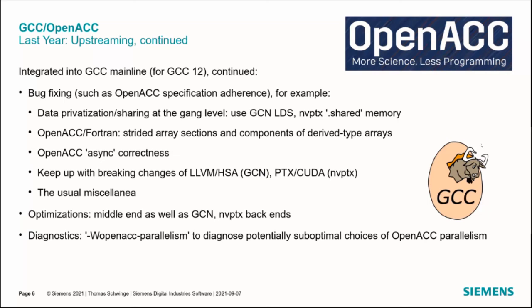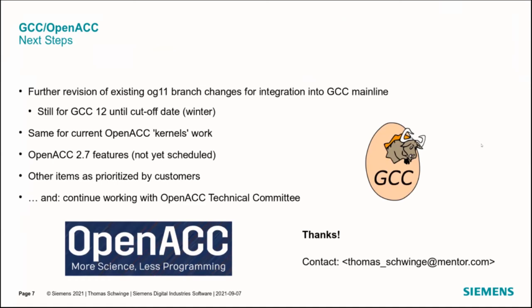Okay, then the next steps, or what is going on currently, is taking further existing changes from the OG11 branch and making these fit for integration into GCC mainline. So a lot of the changes that are on there require some minor or major revision. Working on that is ongoing.